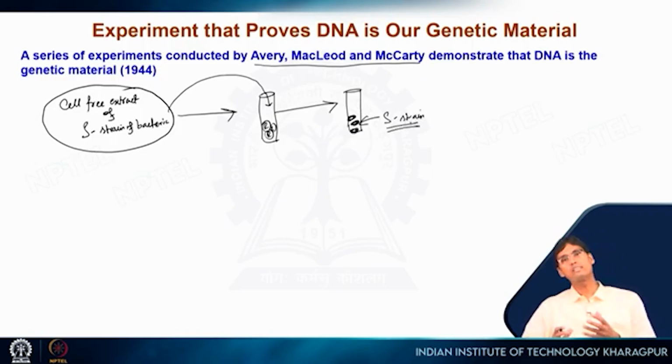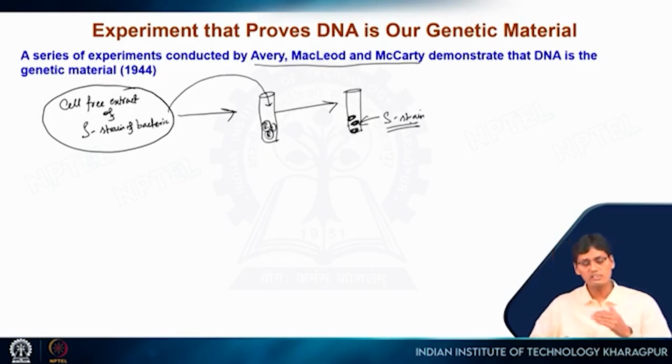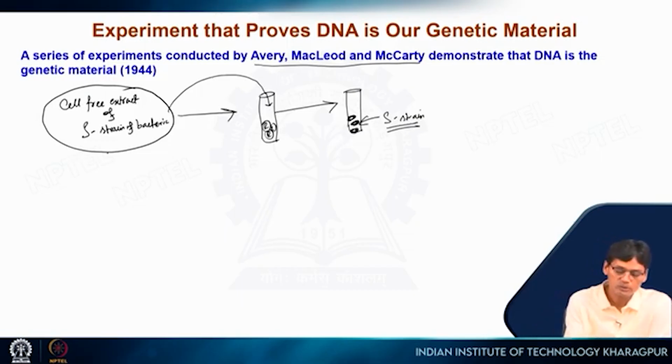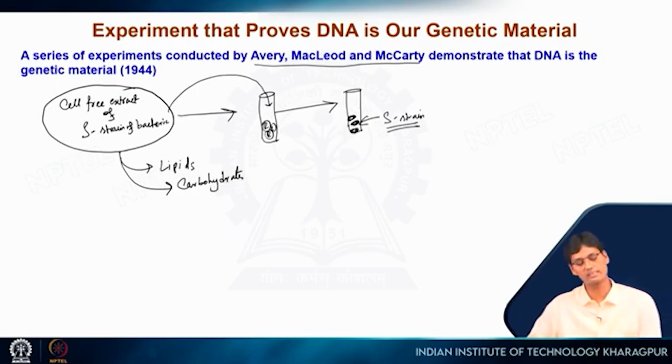Now they are trying to analyze what is the chemical nature of this transforming principle. So they took this cell extract and removed lipid and carbohydrates by some biochemical method.